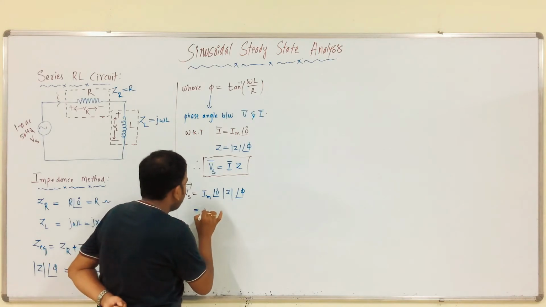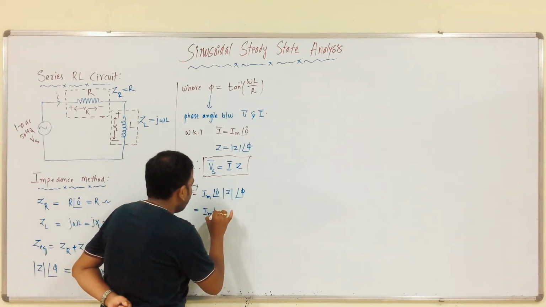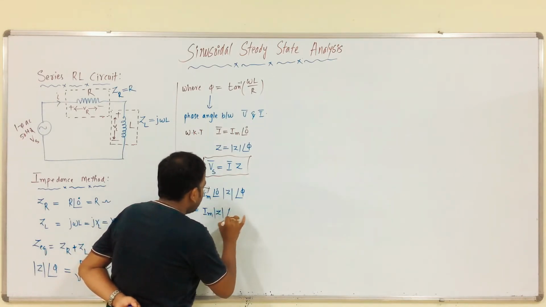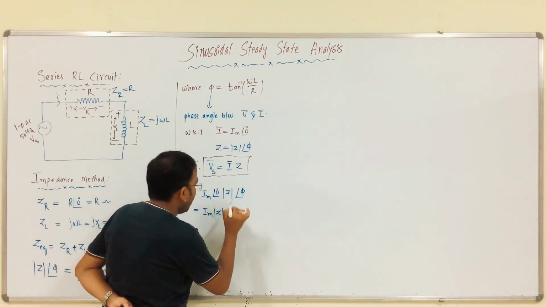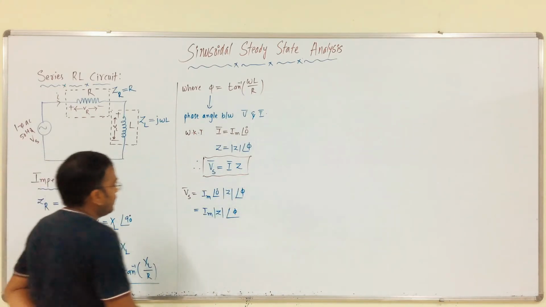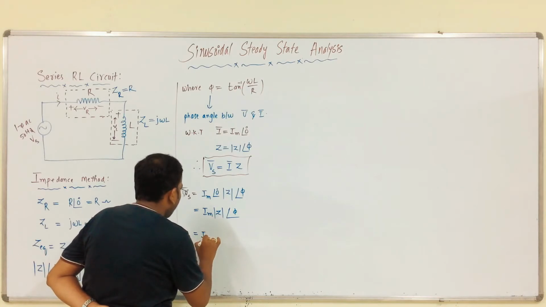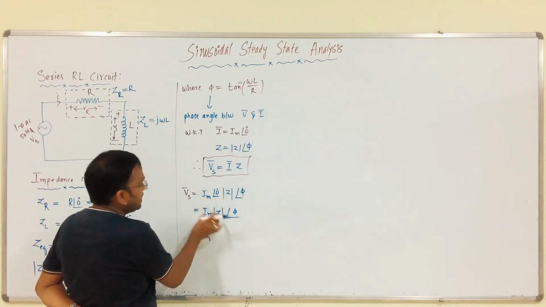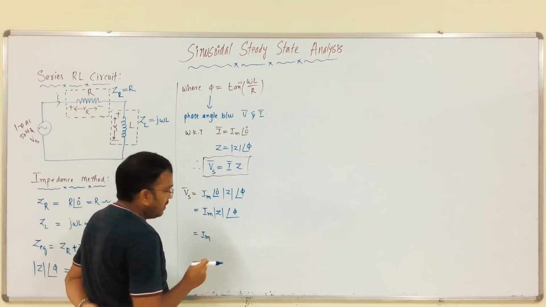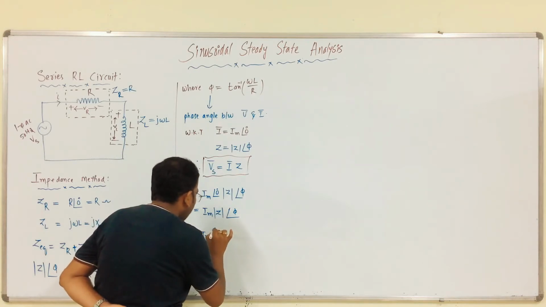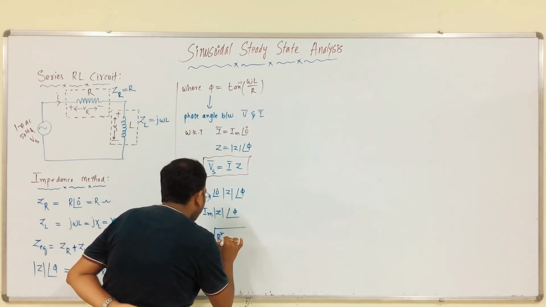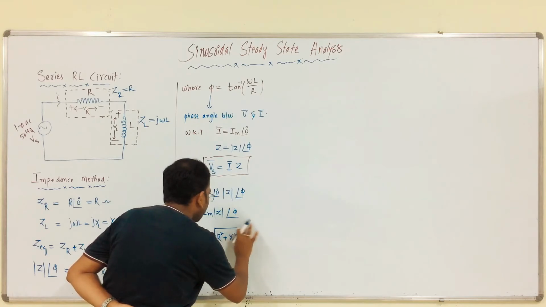So, from I m mod Z, we simply have to add the angles, so we get phi only. Therefore, I m into Z is nothing but V m, right? Or we can write the square root of R square plus XL square, clear?